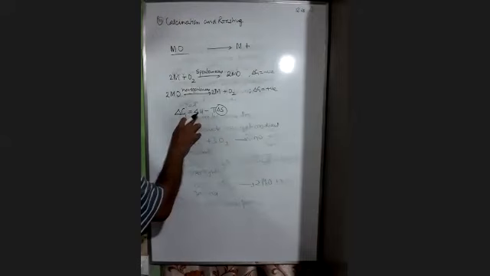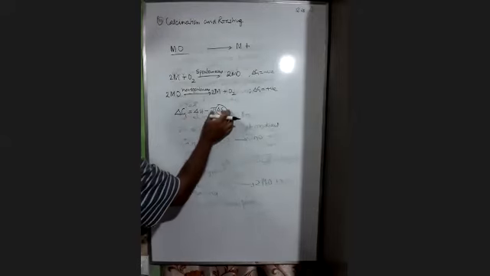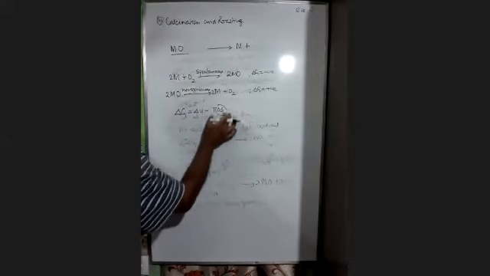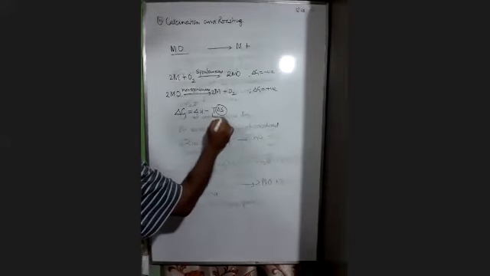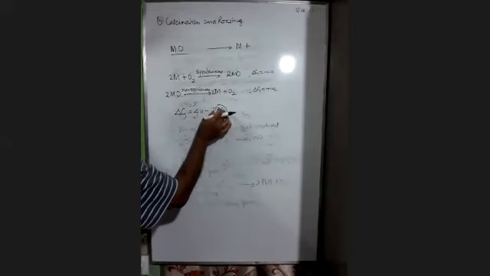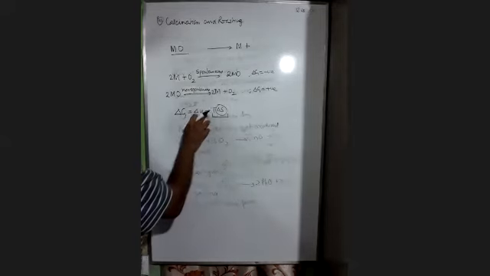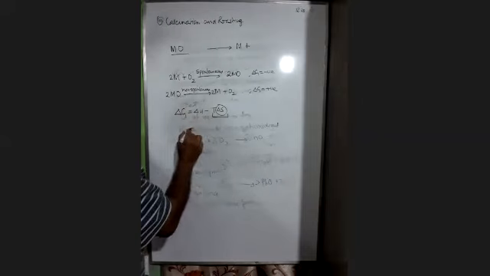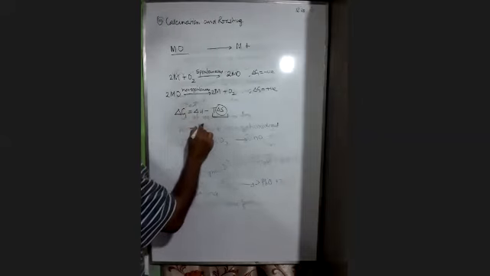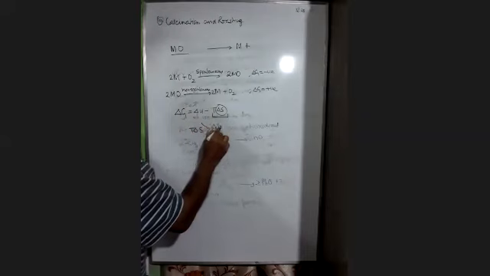To make delta G negative, the T into delta S value should be more than delta H, since it has a negative sign before it. If this product increases, it will be possible only when T into delta S becomes more than delta H.